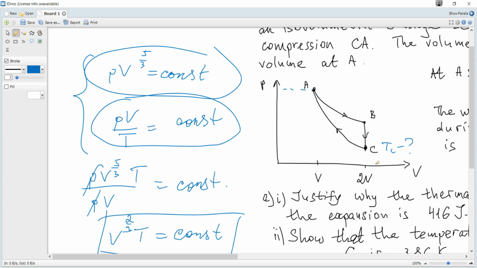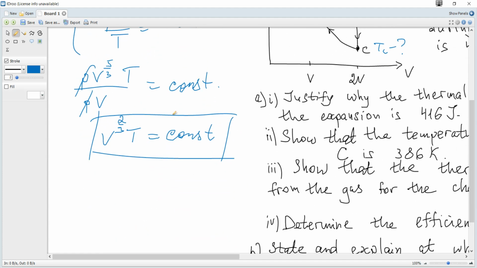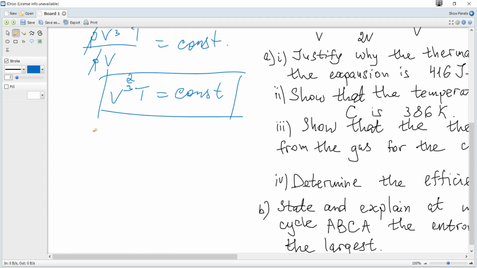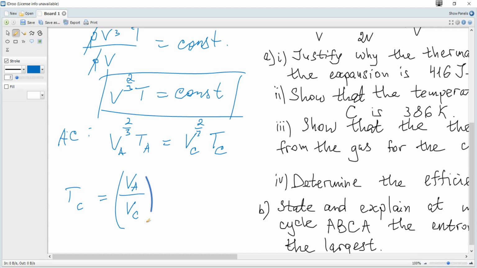Volumes are given. But we can combine the formulas first and get a formula in terms of volume and temperature, and hence if we consider AC, it becomes V at A to the power of 2/3 times temperature at A should be equal to Vc to the power of 2/3 times temperature at C, and we need Tc, so it becomes Va over Vc to the power of 2/3 and Ta.